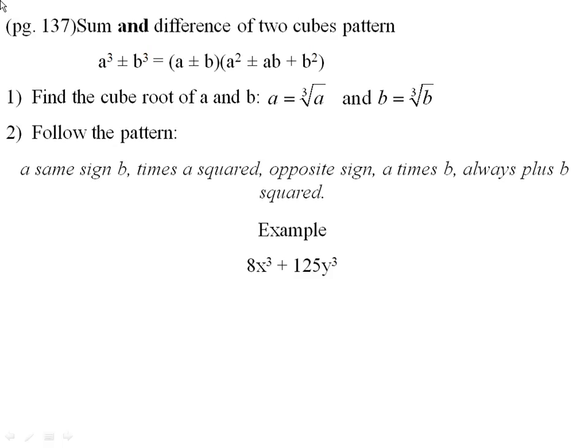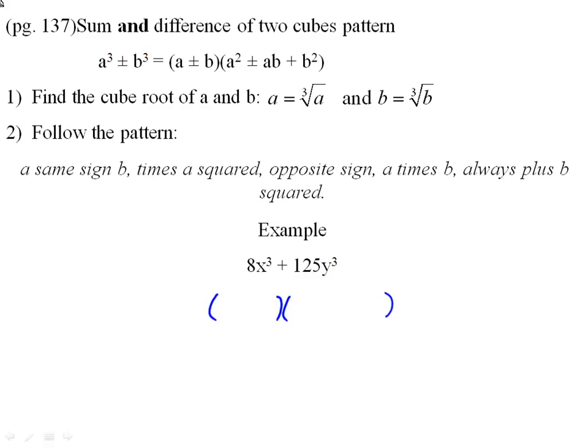So the cube root of 125 is 5. Okay? So once I realize that I have two perfect cubes, I know it's the pattern. So what are you going to do? We're going to open up a binomial and a trinomial. Just kind of a guide. Call it a skeleton, and now we have to fill in the skeleton.